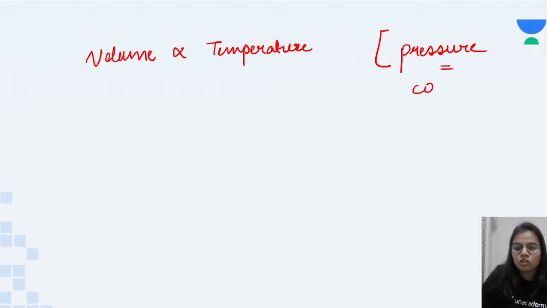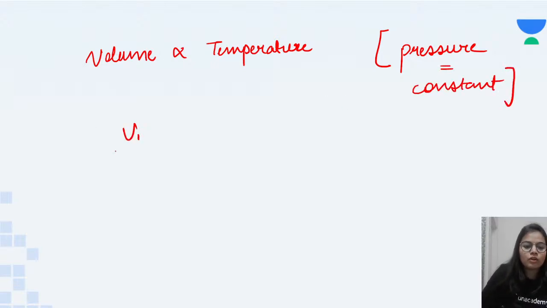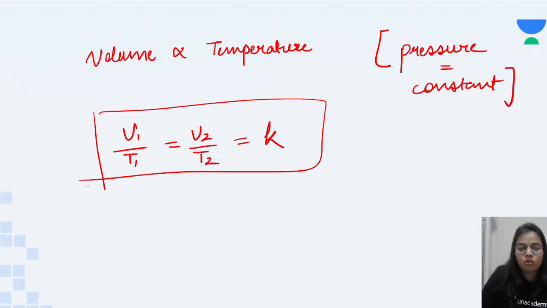So according to this, we can write V1/T1 = V2/T2 = K, pressure being constant. This is Charles' law equation. I hope that is very much clear to you.